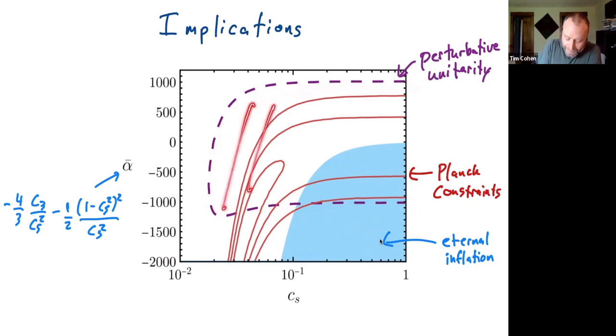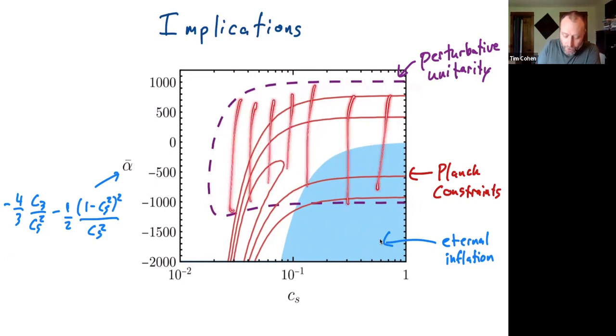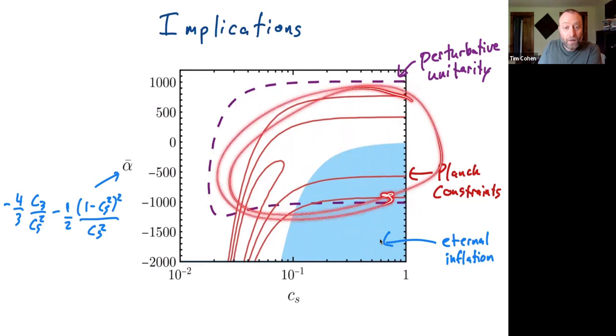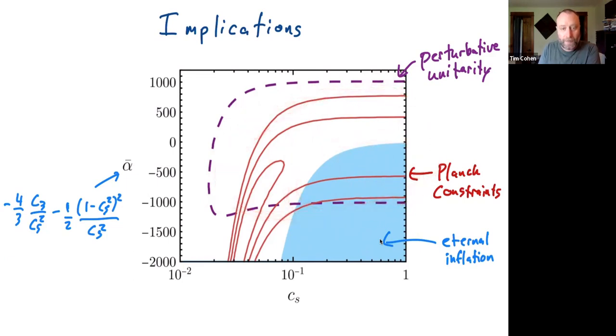And so the claim is inside this region, and this is, by the way, a very conservative calculation, perturbative unitarity is expected to hold for the EFT of inflation. And again, that overlaps non-trivially with the allowed region of Planck and with our new region here, where these large tails are dominating the physics.